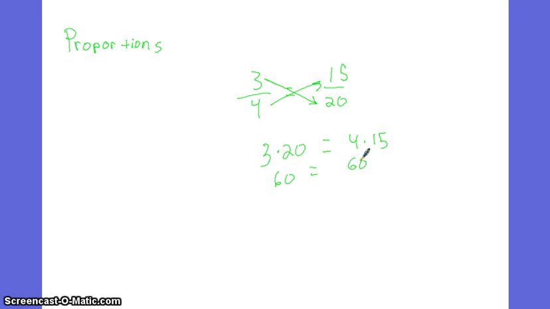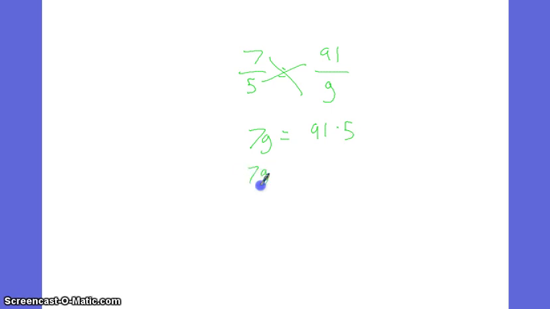Now, of course, we can't leave it as simple as that, because oftentimes in proportions, we're missing something. Let's start off with something that is not as obvious. All right, we're going to do cross products again. So 7g equals 91 times 5, or 7g equals 455.